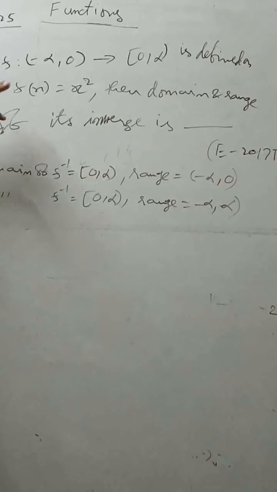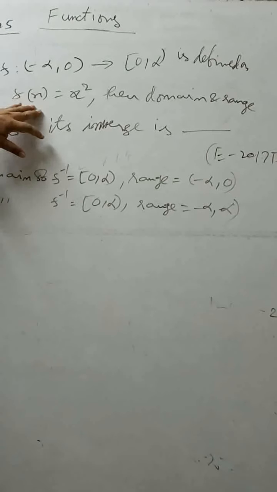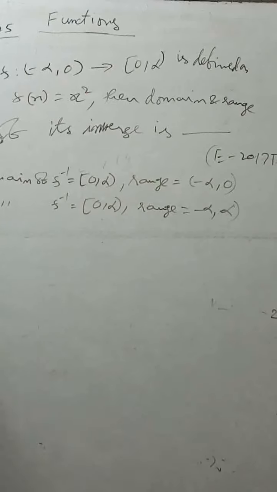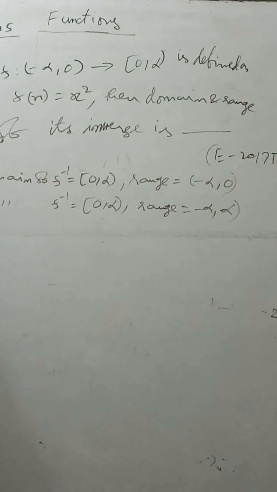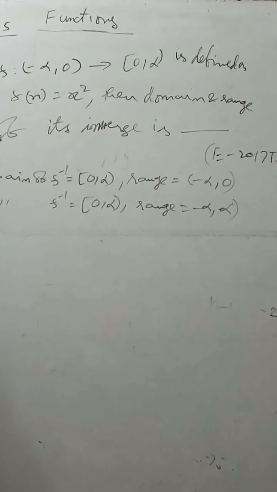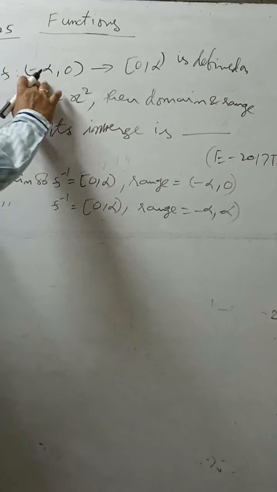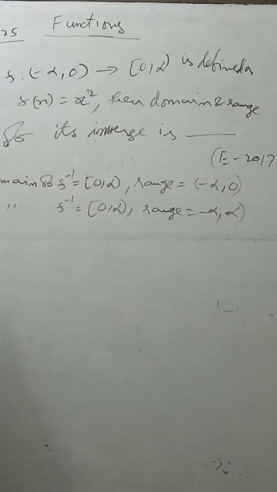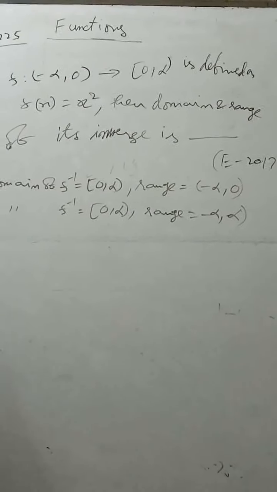First of all, is it one-one and onto? He is giving 0 to infinity, so it is 100% one-one and onto because it is giving only positive values. x square is always positive. So it is one-one and onto. But it is giving minus infinity to 0 here also. There are no positive values here. So this is 100% one-one and onto.